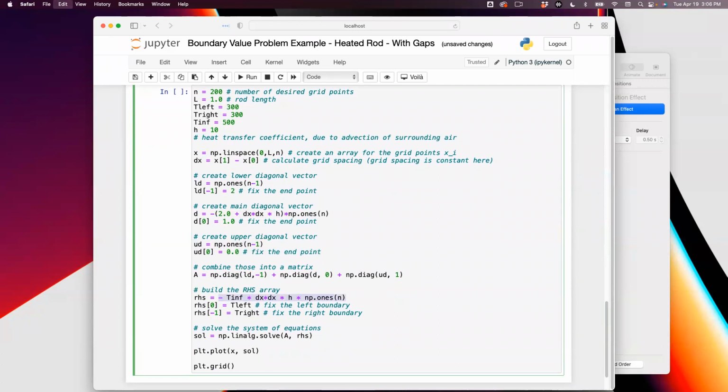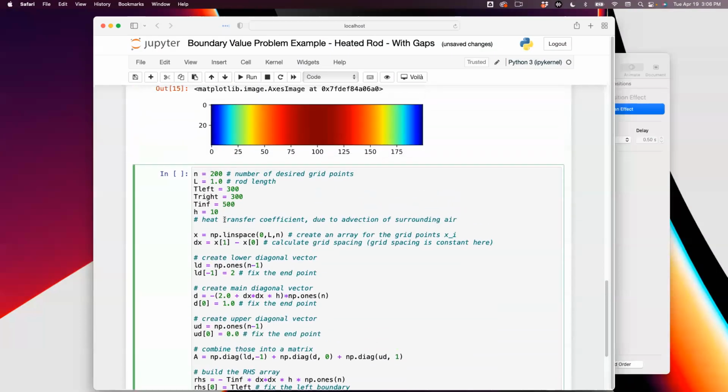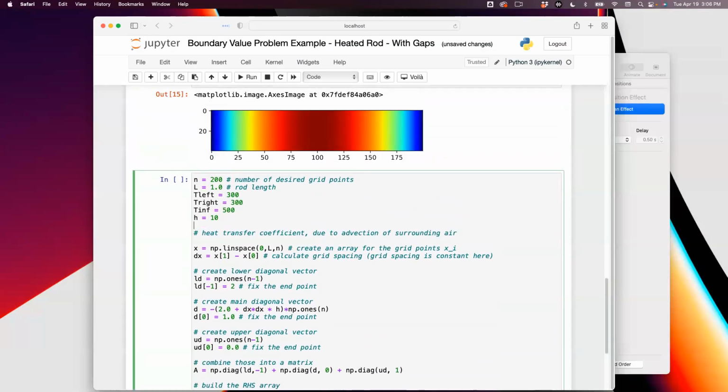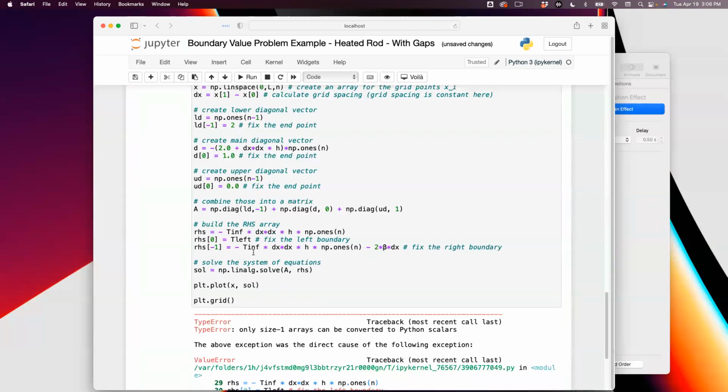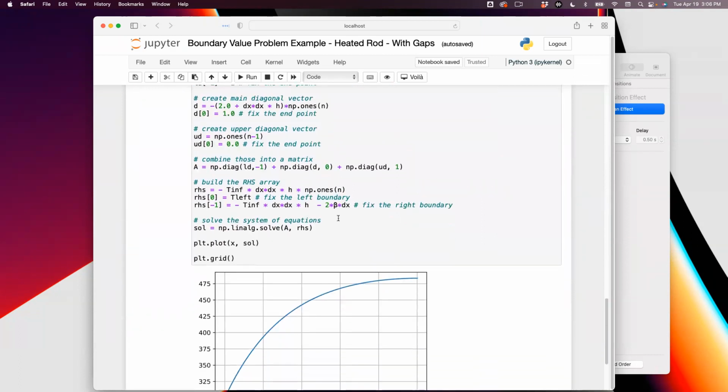It is equal to -h delta x squared T infinity minus 2 times beta times delta x, correct? And let me go ahead and define beta over here. And I put it at 1. So that's beta equal 1.